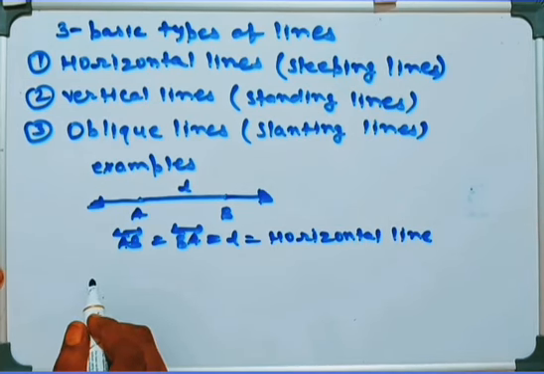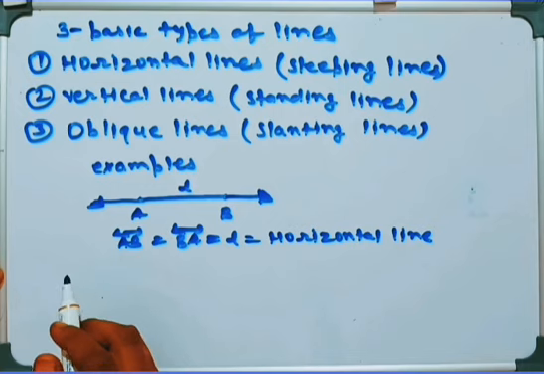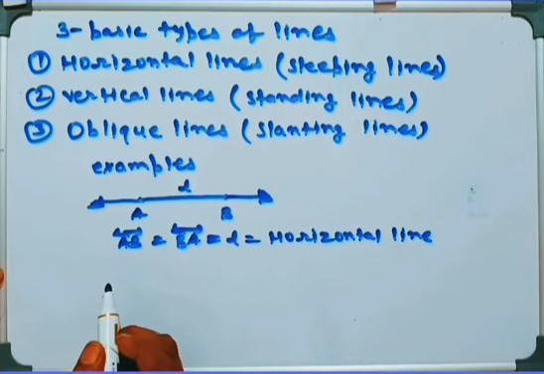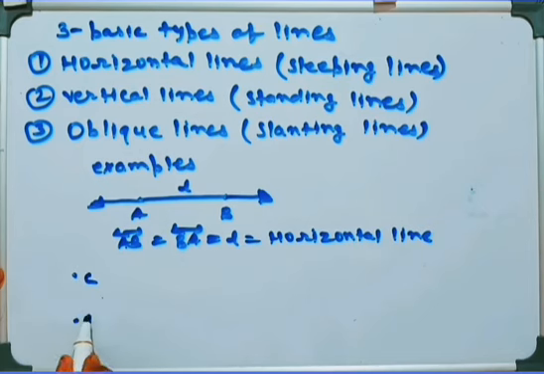Next one is vertical line. When any object is upright or perpendicular to any plane surface, then it is known as a vertical line. In daily usage, we see street poles on roadsides. Now, how could we draw a vertical line on paper? See here. Suppose C and D are two different points.